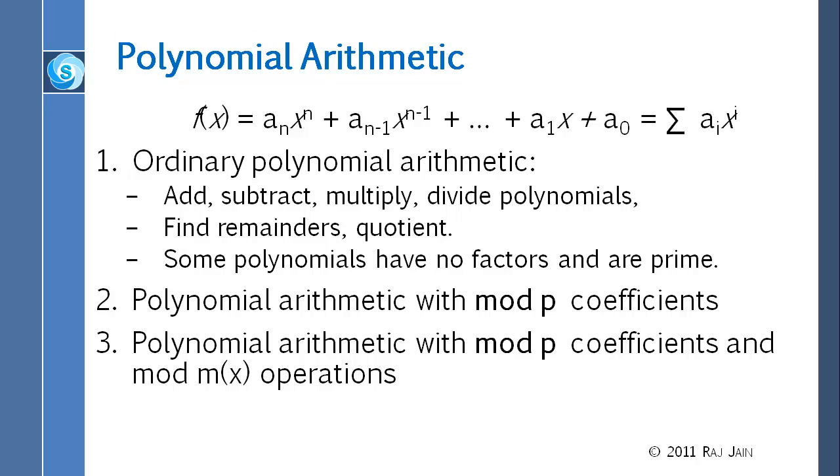So far we were talking about numbers. Now we will talk about polynomials. Any polynomial can be written as a sum of powers of x. This is a polynomial of order n, because the highest coefficient which is non-zero is x raised to n.